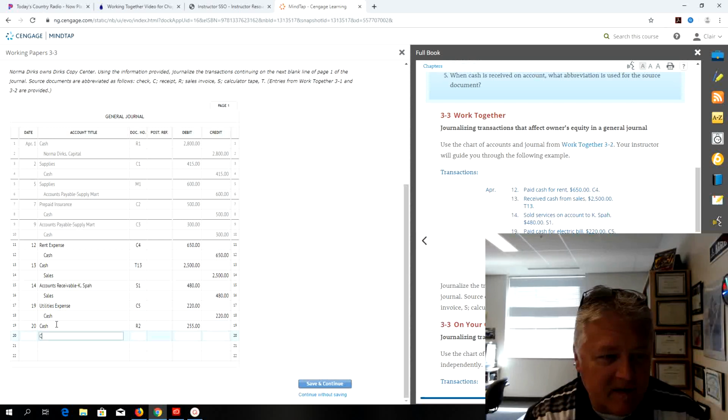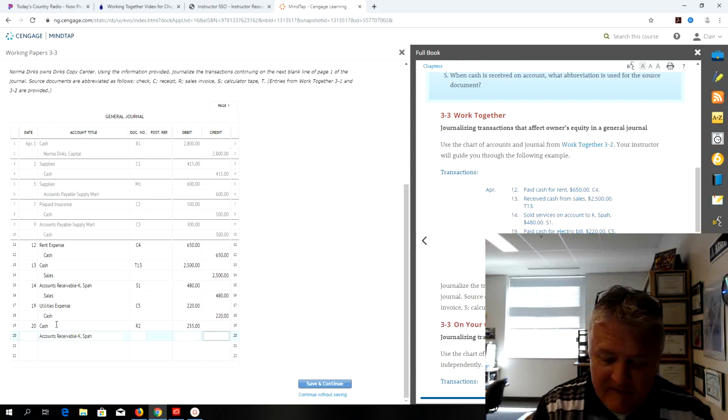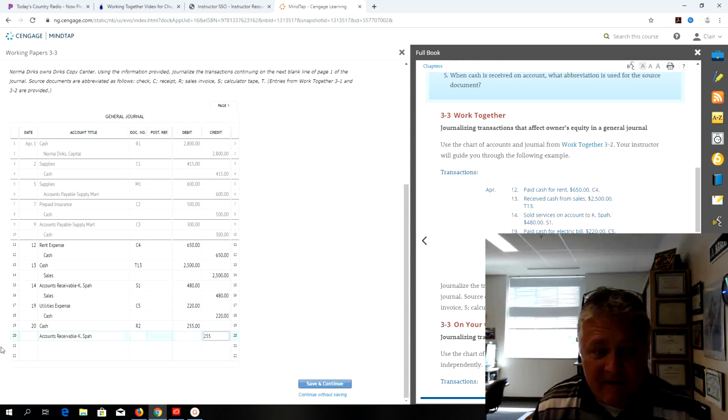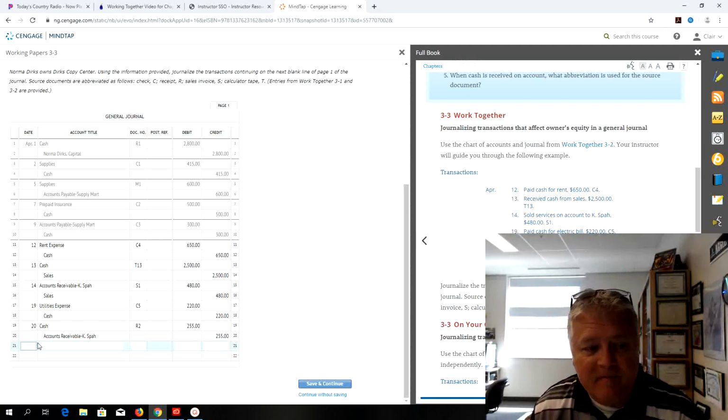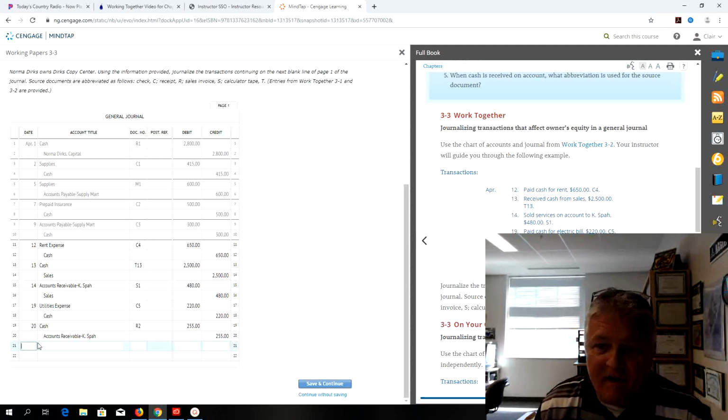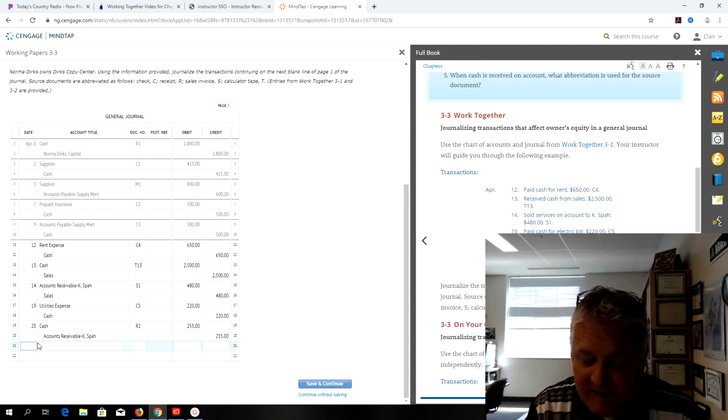And accounts receivable is my credit for $255. So that's an increase to cash, and accounts receivable is also an asset, and that decreases it because we did a credit. But they are a very valuable customer, and so we let them buy things on account. That's why we do it.